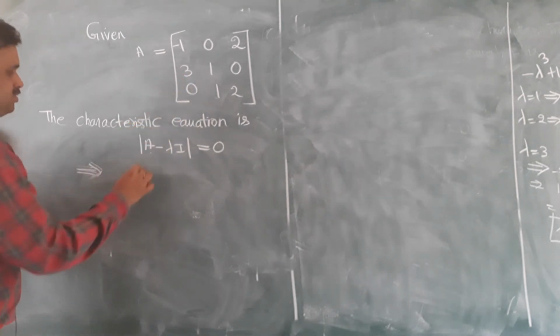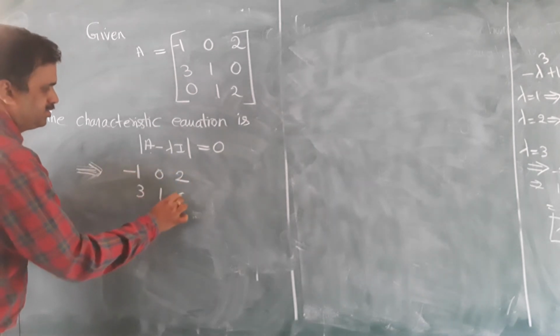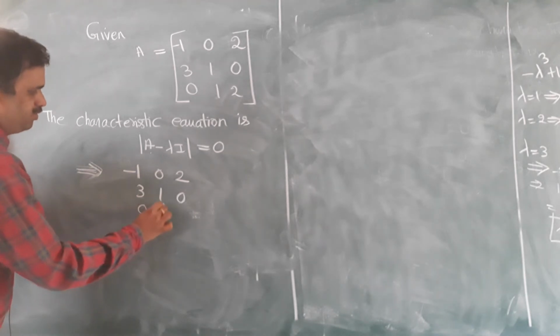Write matrix A first: -1 0 2, 3 1 0, 0 1 2.